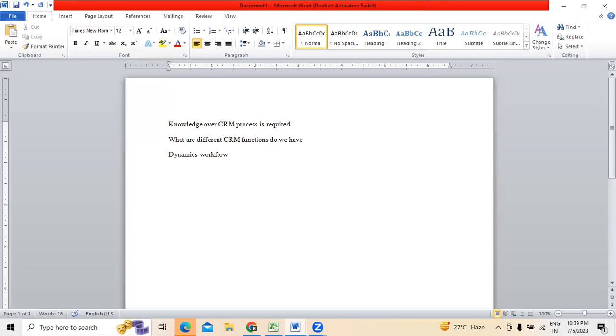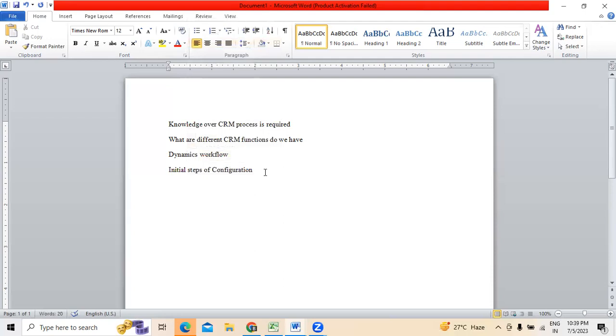At the same time, knowledge over the configuration, because that is where generally I have shown you, the initial steps of configuration.